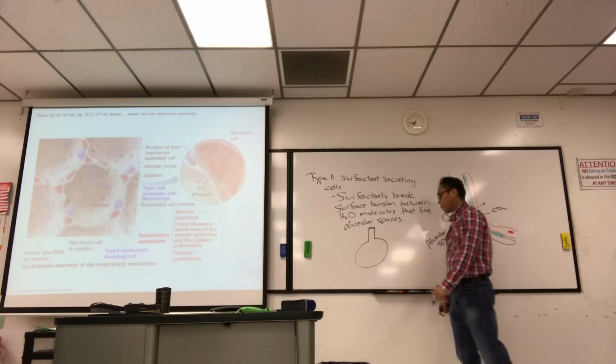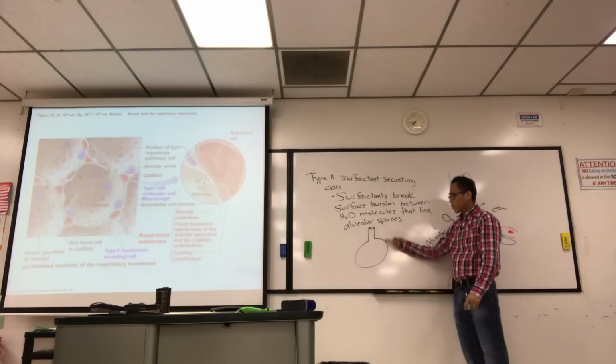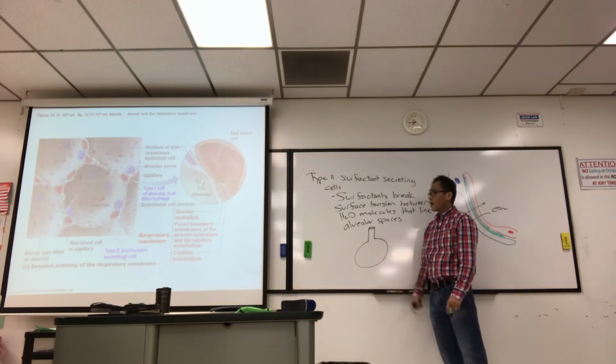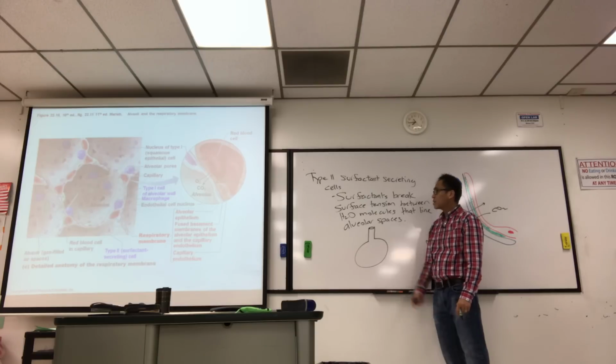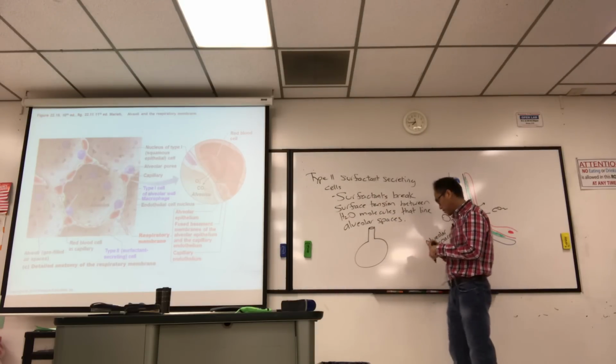Sometimes I illustrate the respiratory system like this, with a flask, with the narrow part of the neck of the flask being the conducting airways, but the round part being the alveolar space. And you fill these spaces with air, but the wall of the alveolar space has the type 1 and type 2 cells, but there's water that lines the inside.